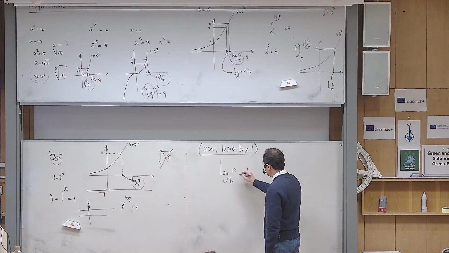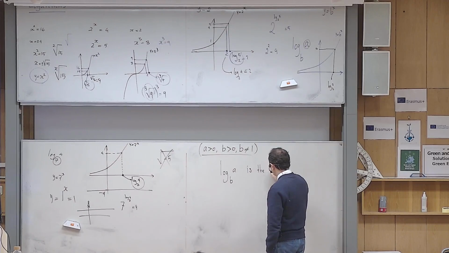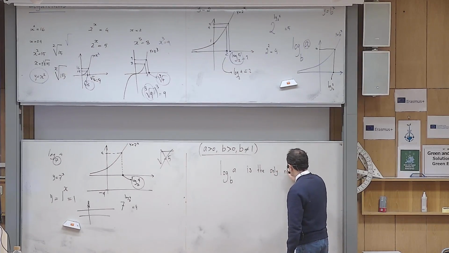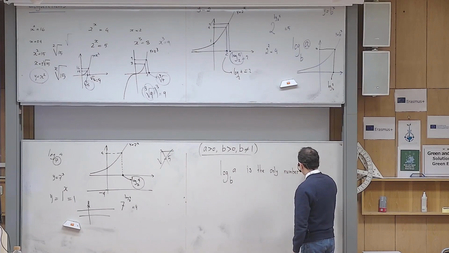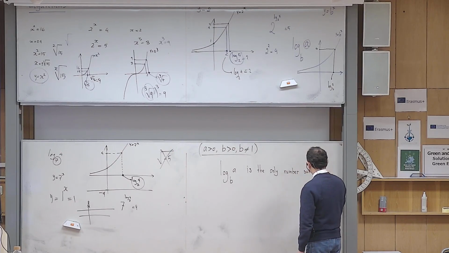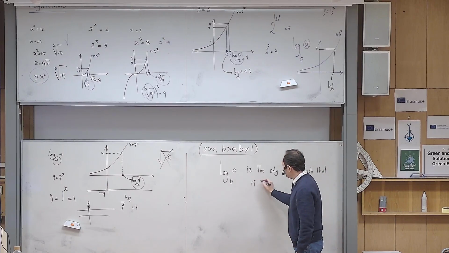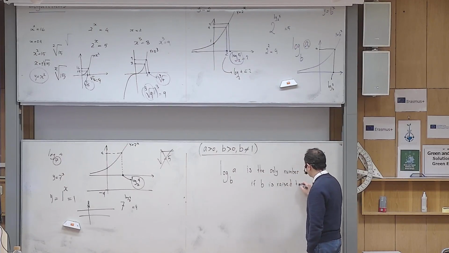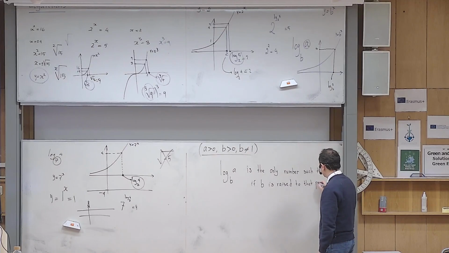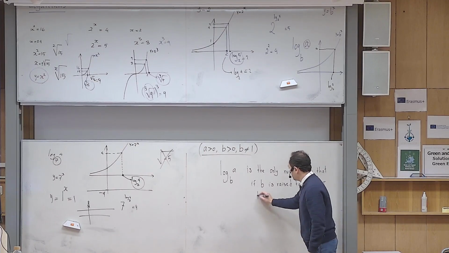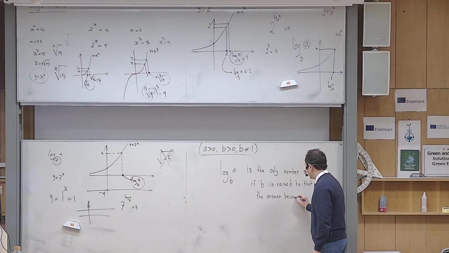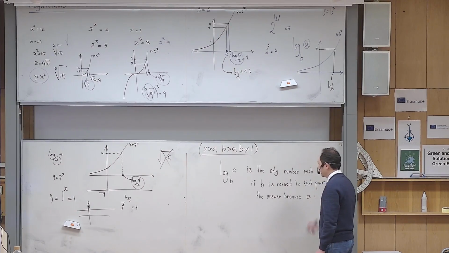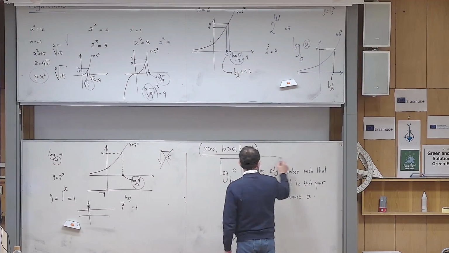The logarithm of A to the base B is the only number such that if B is raised to that power, the answer becomes A. It's a little bit convoluted, but you have to get used to it.